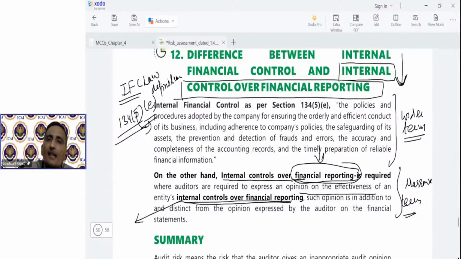It is written there, controls in the manual and IT system. Below that there are sub parts, 1 and 2. So Himanshu, is it clear to you? Yes, Himanshu.